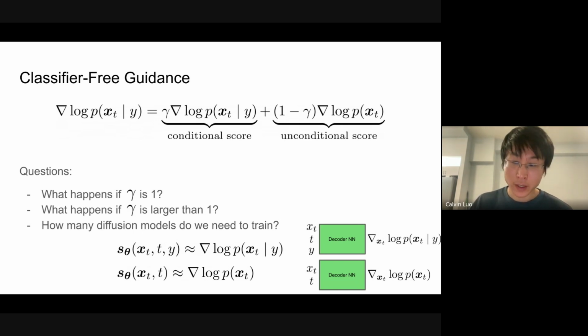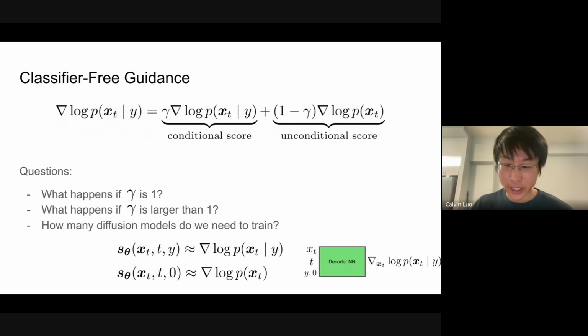But it turns out that if we formulate with classifier-free guidance, we can aggregate it into one score prediction model, and we can use this one unified score prediction model to predict an unconditional score as well as a conditional score, depending on whether or not we zero out the conditioning information.